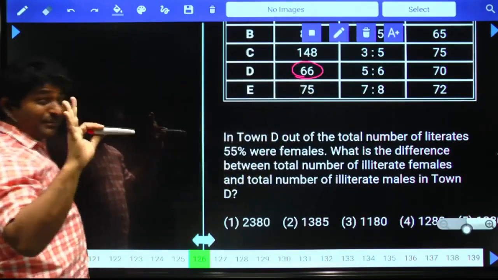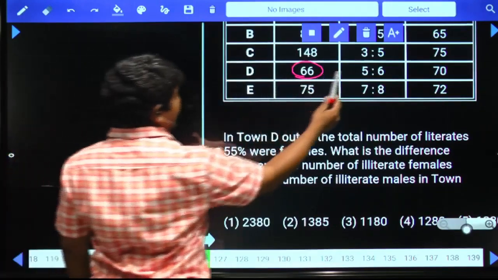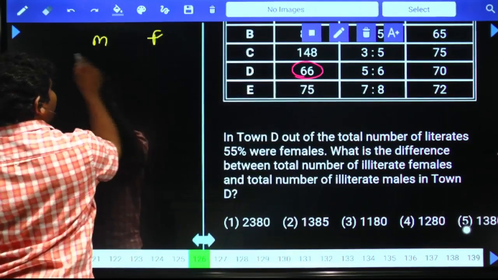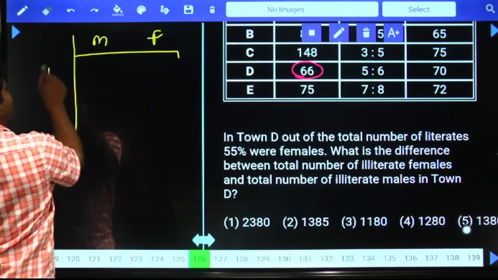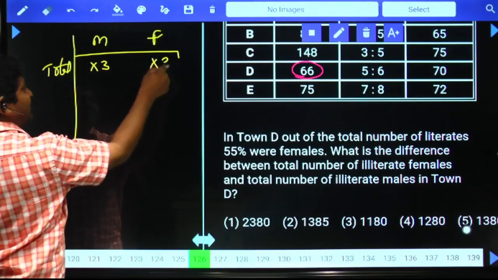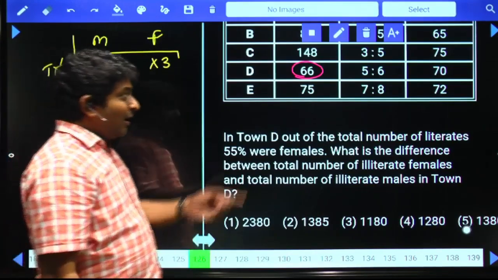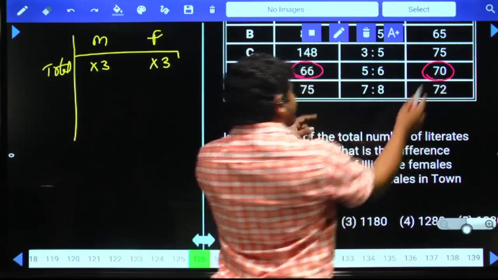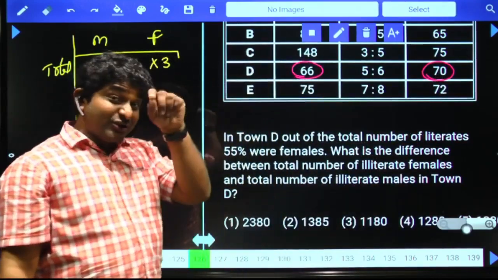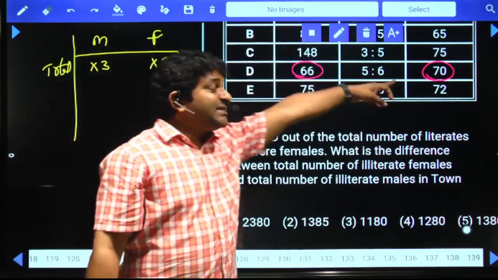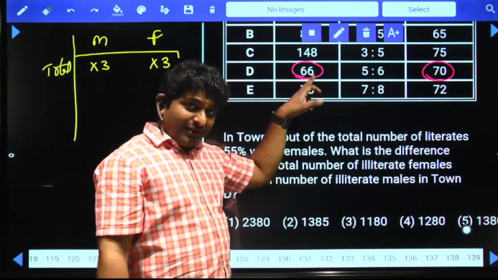This is a 3 multiple. That is divided in the ratio 5:6. So total male and then female people are a 3 multiple and then again a 3 multiple. Out of which 70% are literates. So total literates are also a 3 multiple.